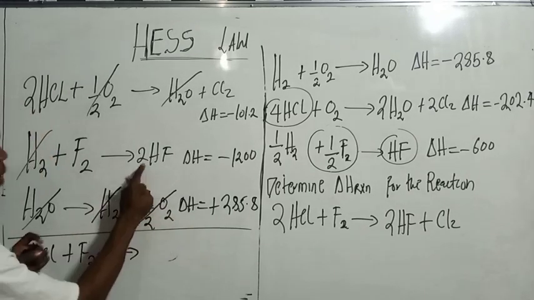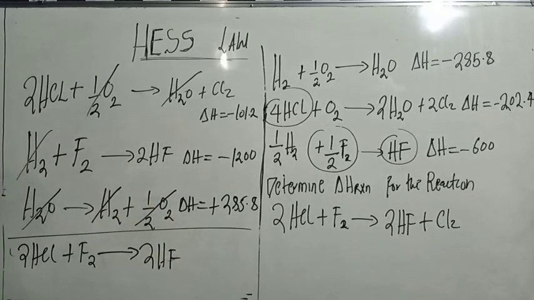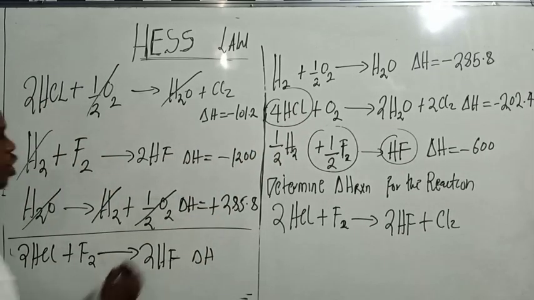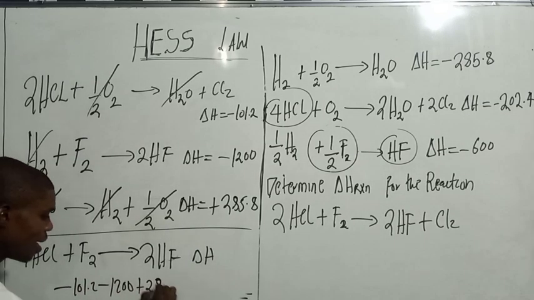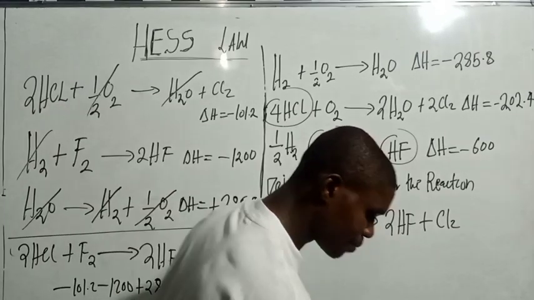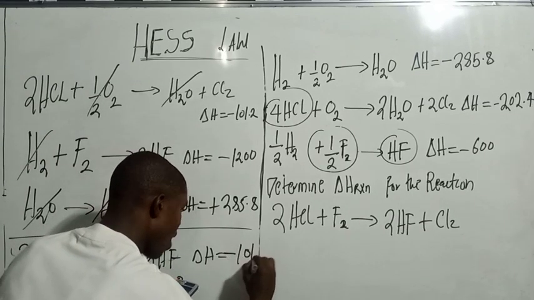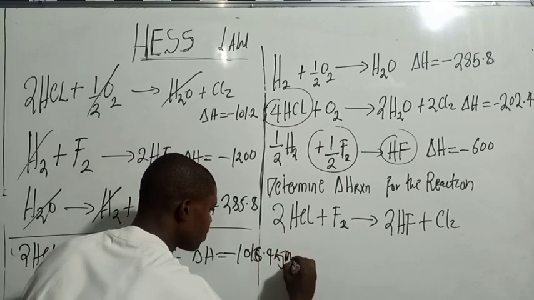It was a mistake, so multiply by 2. So it's going to be 2HF, right? Then my delta H now, somewhere here. So it's going to be minus 101.2 minus 1200 plus 285.8, right? So that would be the answer. You have minus 1015.4 kilojoules per mole.